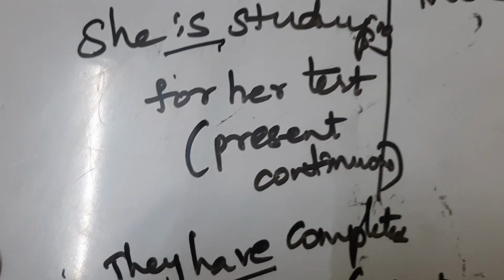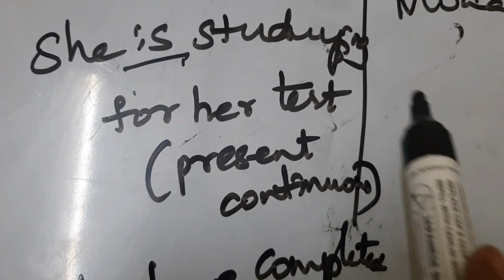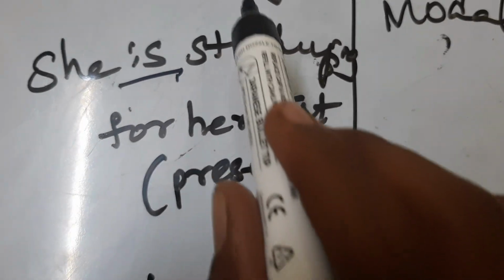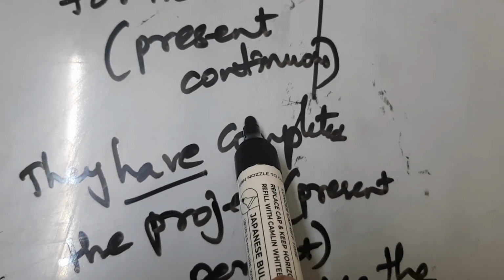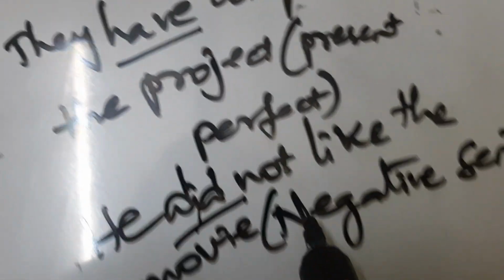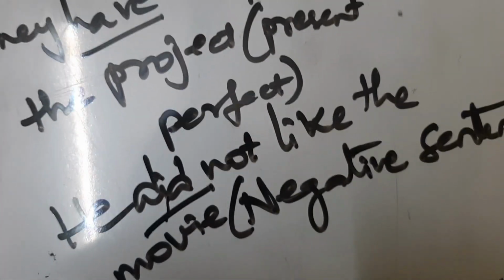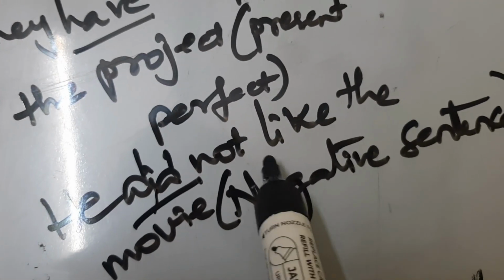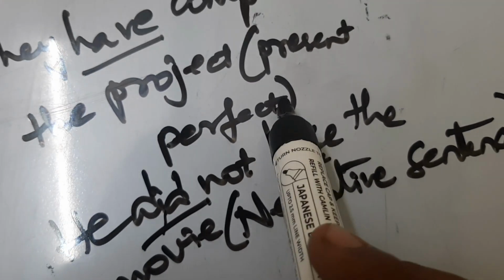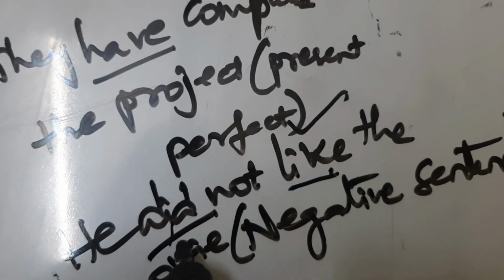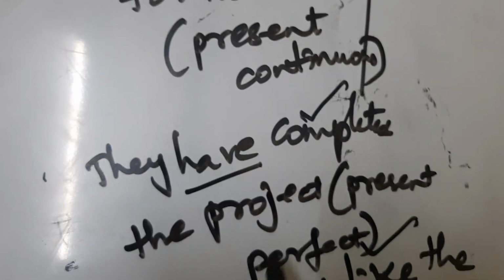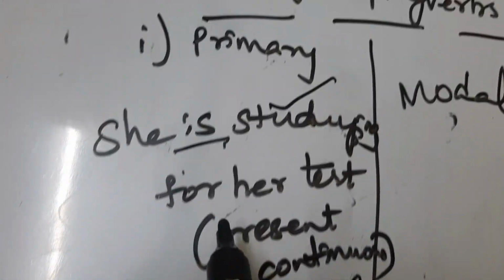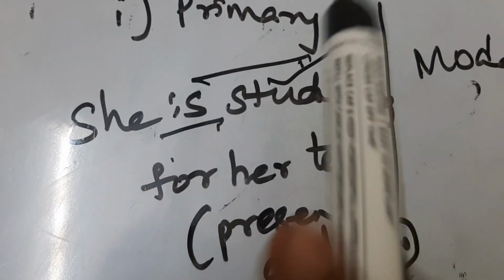These are the helping verbs. They are helping the main verb. Here the main verb is studying. Here completed is the main verb. Similarly here, in he did not like the movie, did is helping here. And hence these are a few examples for the primary helping verbs.